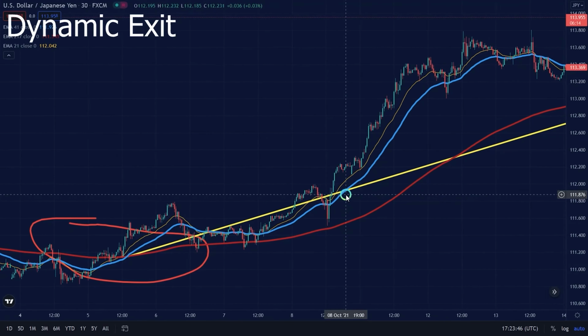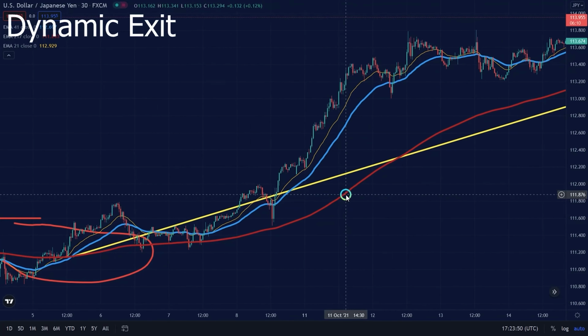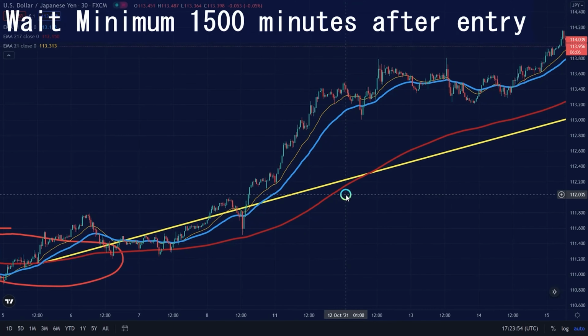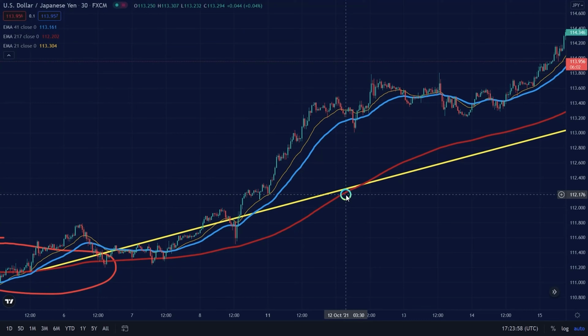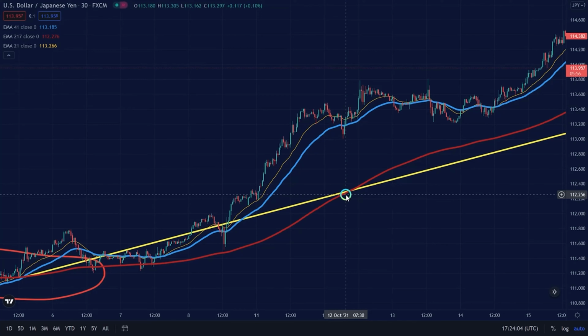Now, one of the main things when it comes to the dynamic exit strategy is that you have to wait 1500 minutes after the entry of the trade before you start to even look for the dynamic exit. That is really important. So you can't just jump into a trade and out of a trade over and over again, and you can't open multiple trades at once per currency.